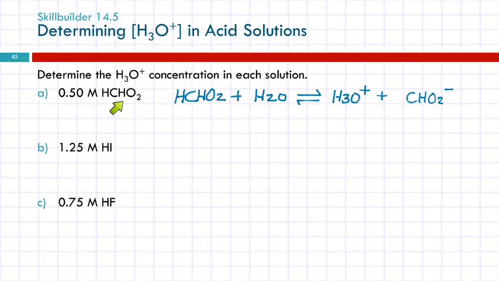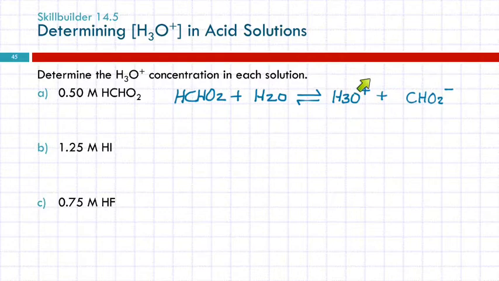So this concentration, 0.50 moles per liter, we're taking 0.5 moles of this, putting it into a liter of solution, but then some of this is going to react and form hydronium ion and formate ion. It's a weak acid, though, so it's not all going to form this. In a strong acid, all of this becomes hydronium ion. So can we actually calculate the concentration of hydronium? No, not with the knowledge that we have at this point. Can it be done by someone in Chem 1B? Yeah, but you need some more information.